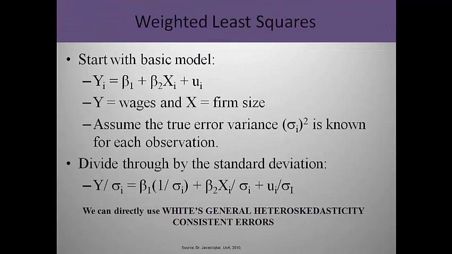So we just start with the basic model and divide through by the standard deviation. We just divide the whole equation through the standard deviation, and we can directly use this through White's general heteroskedasticity consistent error provided by EViews.